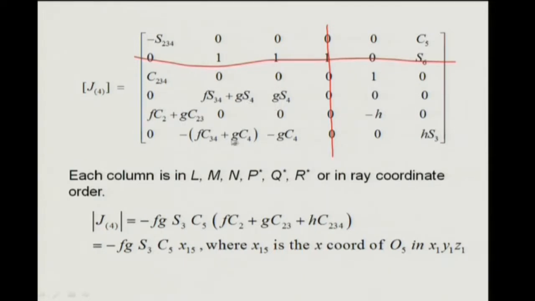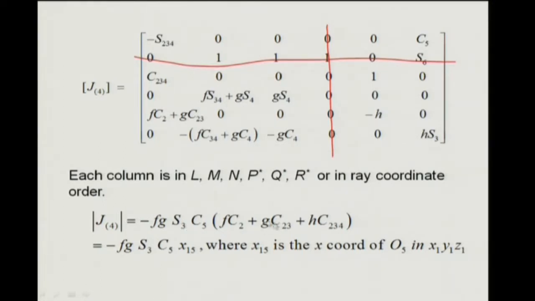From this you get plus G C4S4, so that cancels out. The only other term is FG S34 C4 minus, and from this you get plus FG C34 S4. So that is equal to S3, which is the term here, FG S3. This also simplifies very nicely.